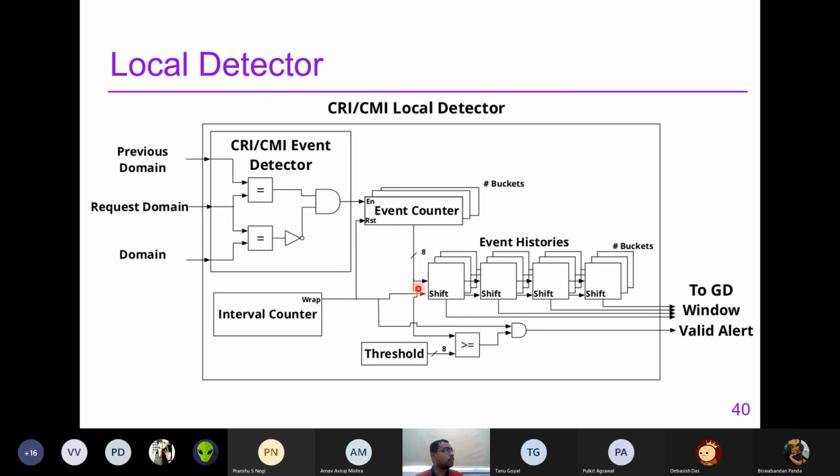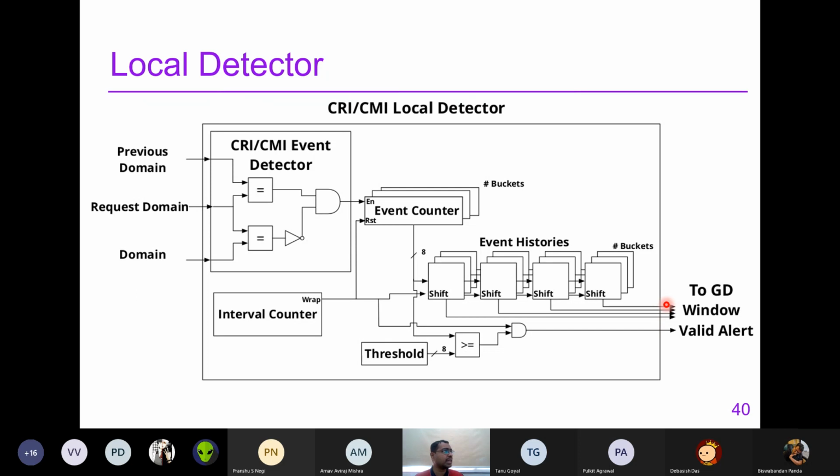If this number of events crosses some threshold, for example here they have taken it as 8, the valid alert signal is made high, and this valid alert signal and the entire history of how many events occurred in the past n cycles are transferred to the global detector.